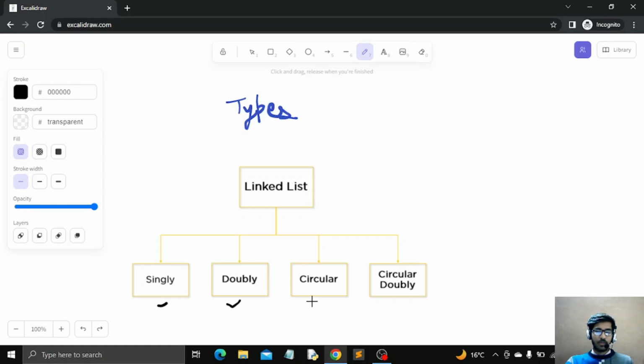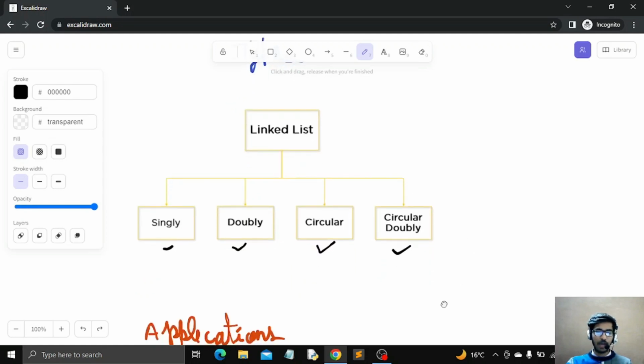Okay, now the fourth type is called the circular doubly linked list, which is basically a hybrid form of linked list. Okay, so it is the hybrid form which comprises of both circular and doubly linked list. So these were the four types of linked lists.